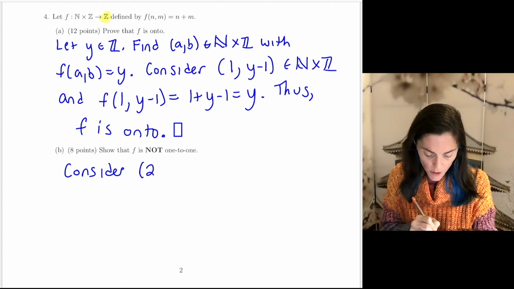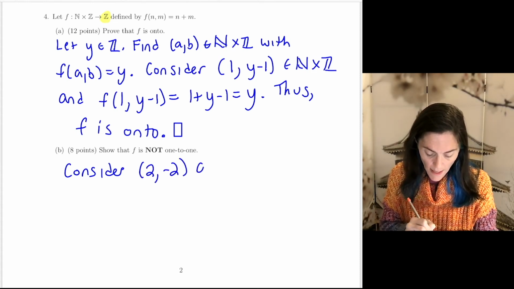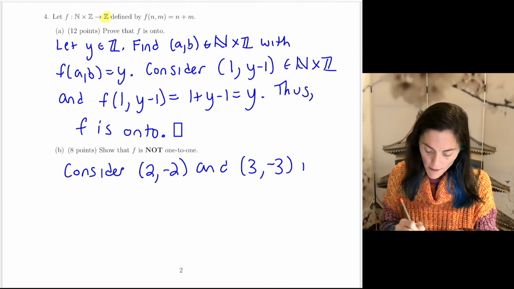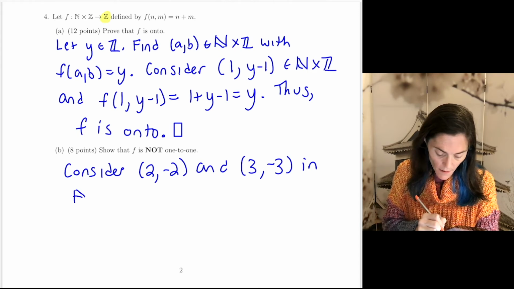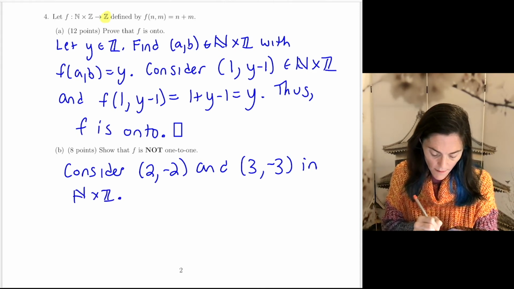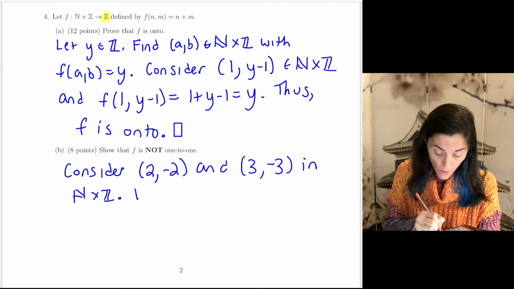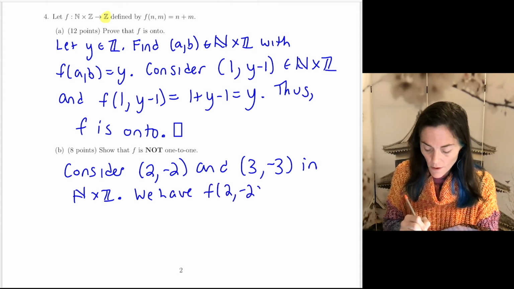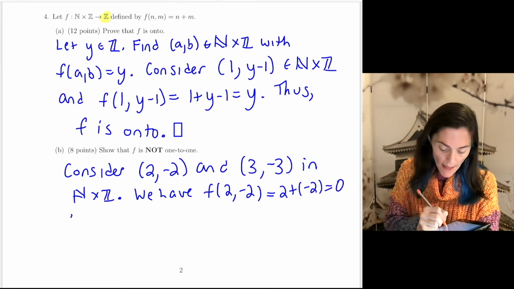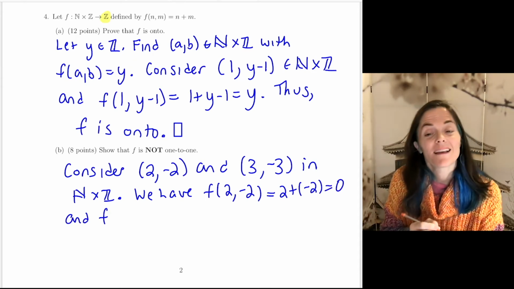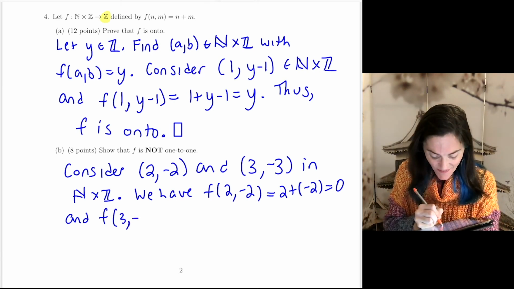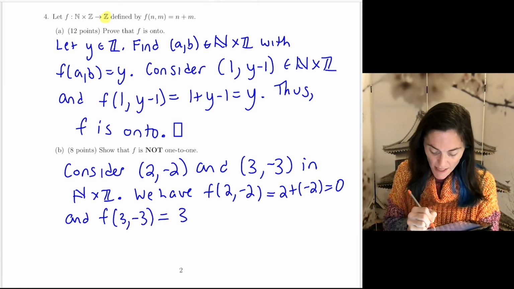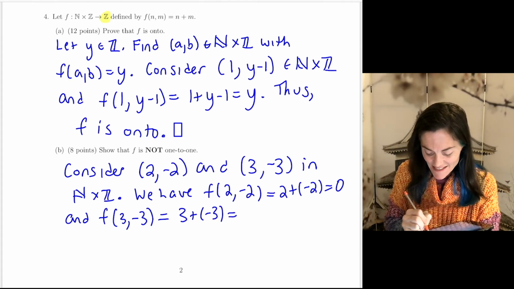So let's consider (2, -2) and (3, -3). These are in N cross Z. Okay. We have, if you evaluate f of (2, -2), this would be 2 plus -2, which is 0. And f of (3, -3) is 3 plus -3, which is 0.